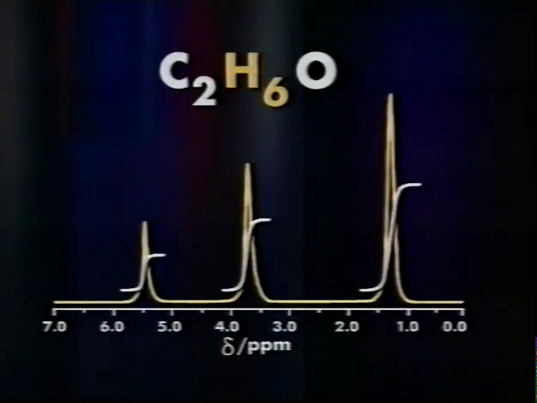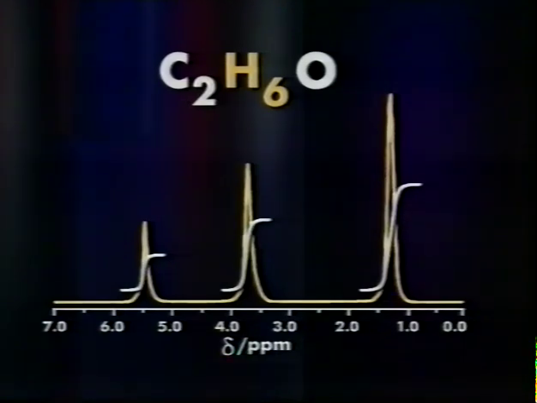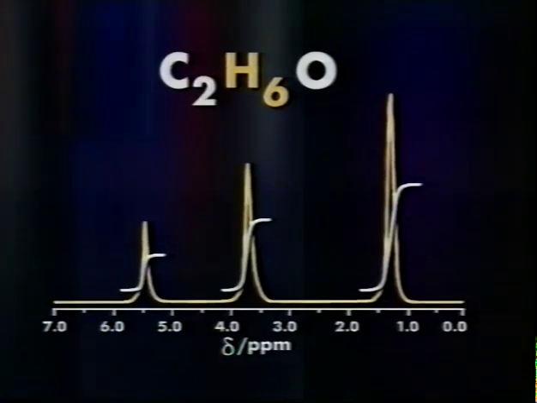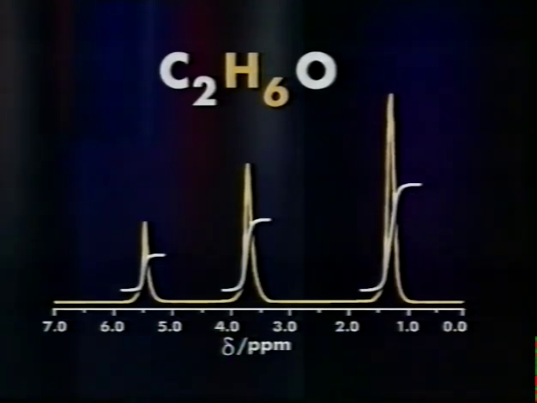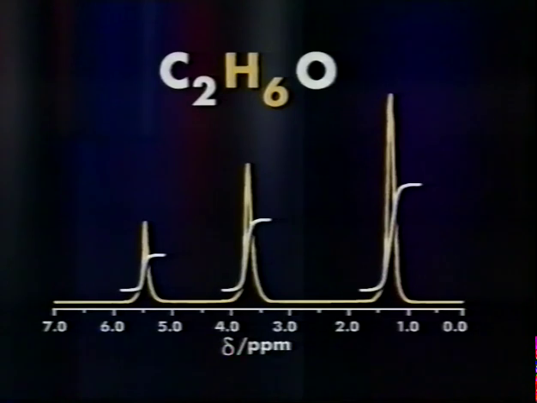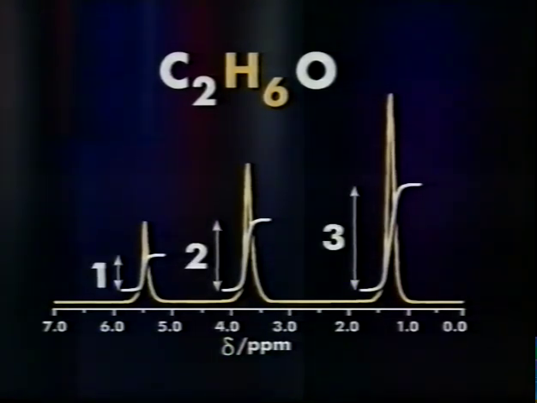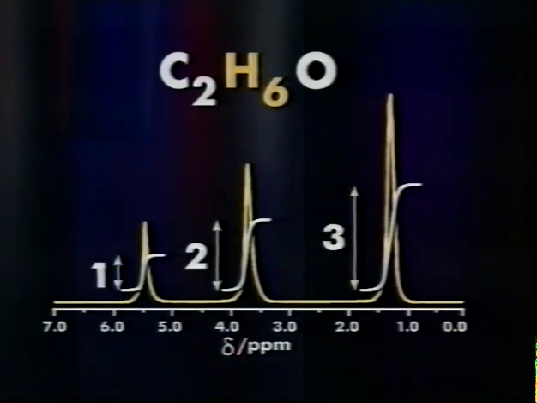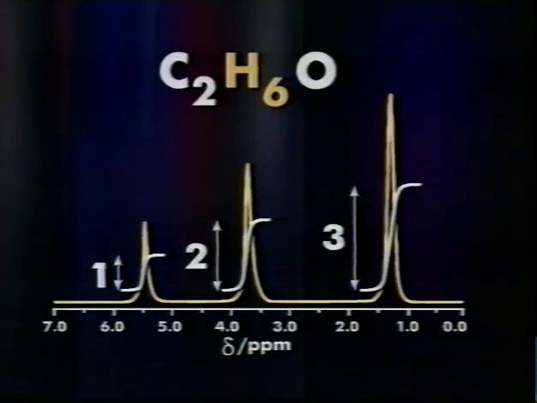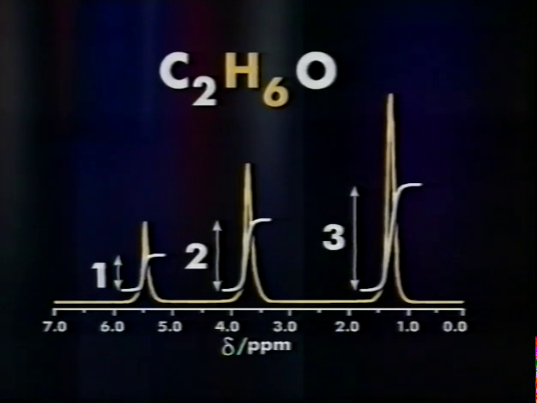These are shown as a series of steps, with the height of each step being proportional to the number of hydrogen atoms associated with each resonance. In fact, in our sample, we find a ratio of 1 to 2 to 3. You must remember, however, integration indicates the ratio of protons represented by each peak, not the actual number of protons.